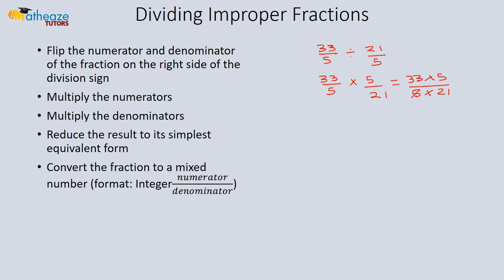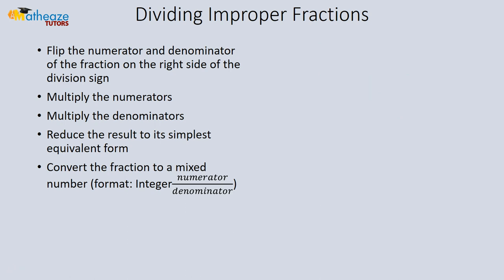So 5 and 5 will give us 1 each. 33 and 21, we have a common factor of 3. This gives us 7. This gives us 11. So this is going to give us 11 times 1 over 1 times 7. So we have 11 over 7, which is going to give us 1 and 4 over 7.